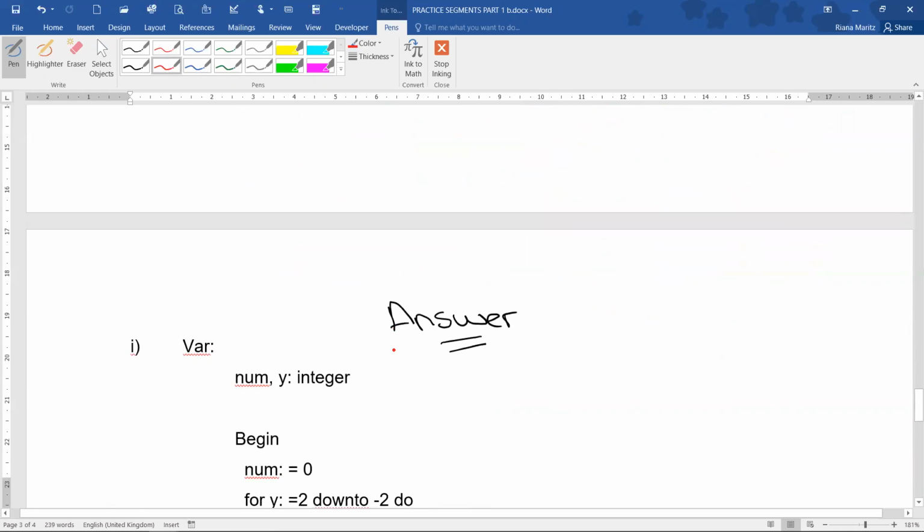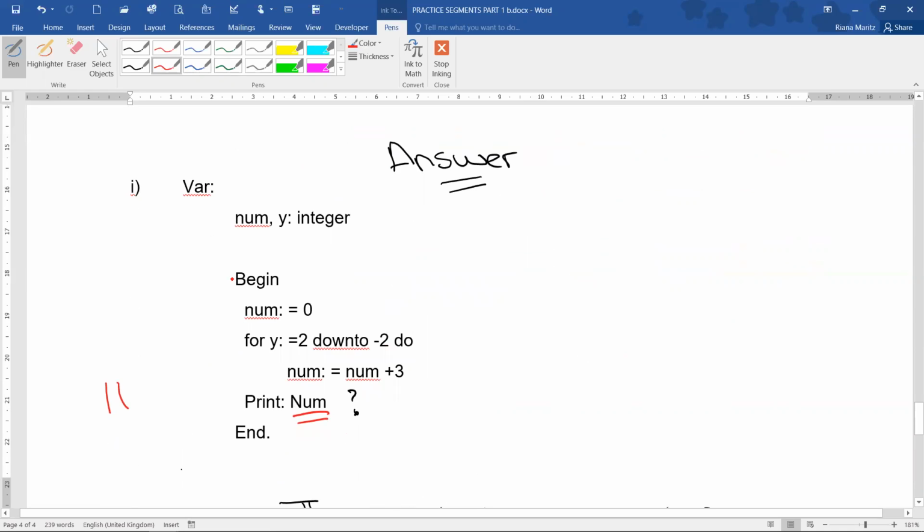Moving to the next one. Here we have num and y are of type integers, meaning there is no commas or nothing after the comma. Num is currently 0. For y, now we know already that when we see for, it's a loop that will repeat.